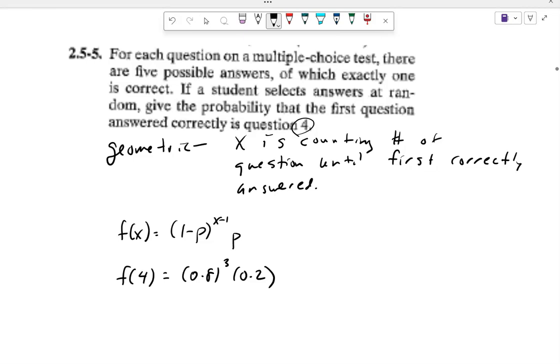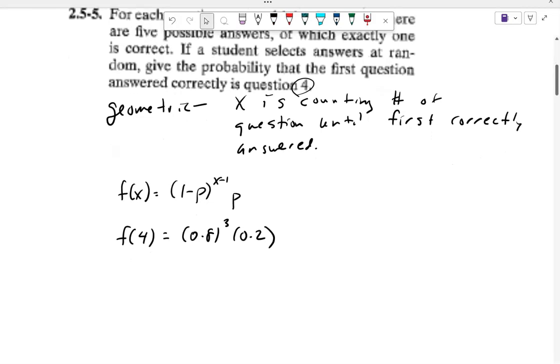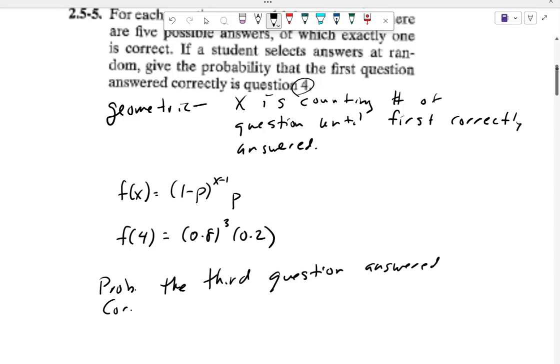Okay. So what if the problem asked you instead: the first question answered correctly was the fourth question? What if you were asked that the third question answered correctly is the ninth question?